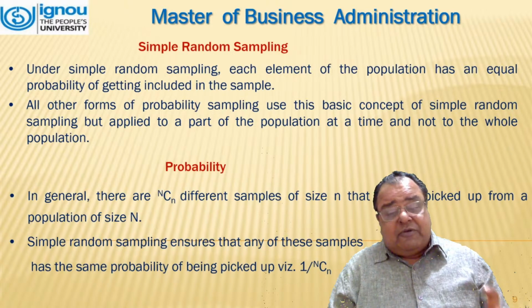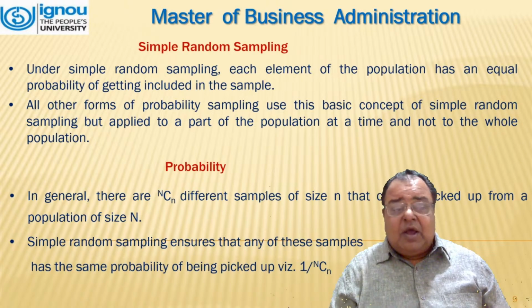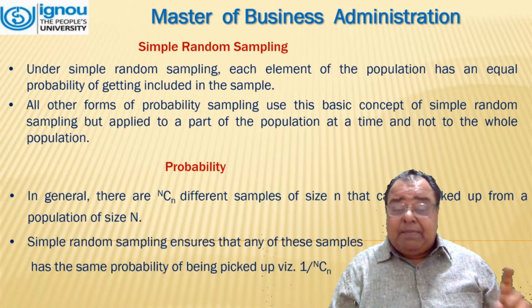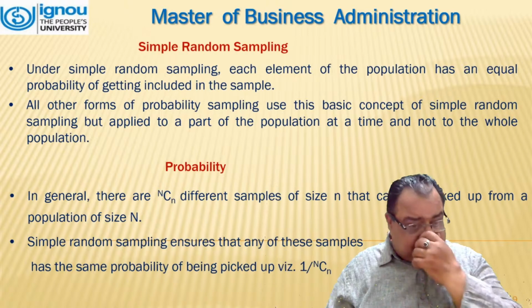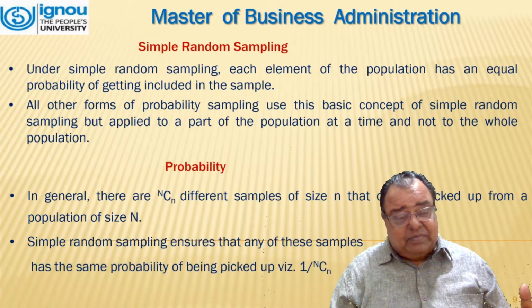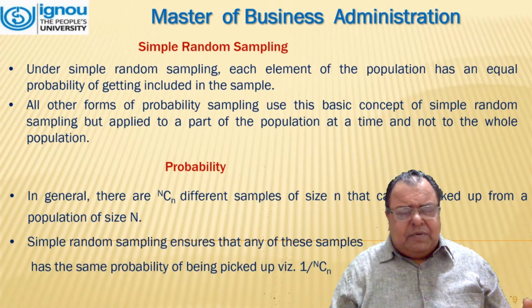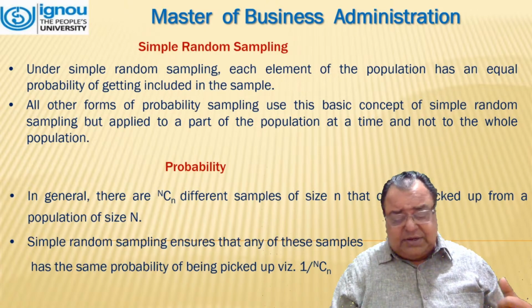All other forms of probability sampling use this basic concept of simple random sampling, but applied to a part of the population at a time and not to the whole of the population. Then we are using the word probability. No doubt we are aware of probability because we have read it in the earlier sessions.